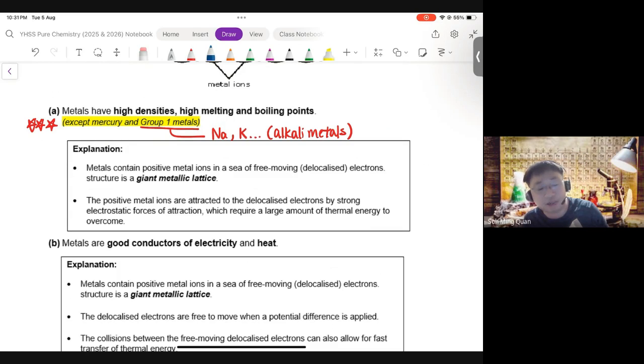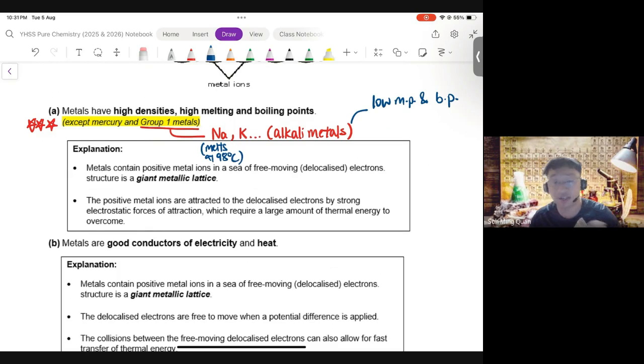Because group 1 metals, they have low melting and boiling points. So for instance, sodium actually melts at 98 degrees Celsius. That's pretty low, compared to other metals like iron. Iron will need more than 1000 degrees Celsius to melt it.